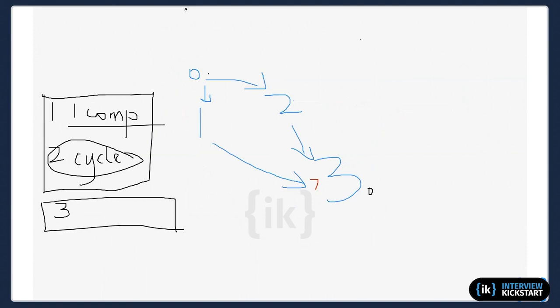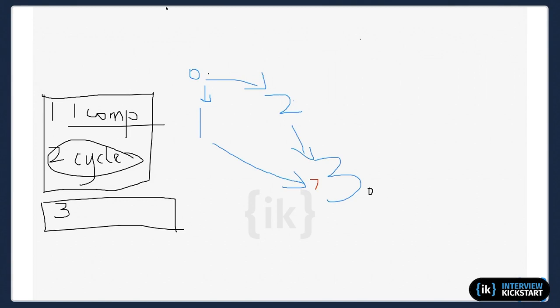What I'm thinking now is, can I just do one graph traversal and get the final answer? I could do one traversal to finish the first and second checks. How can I do the third check? The third check is for all paths leading to 3.